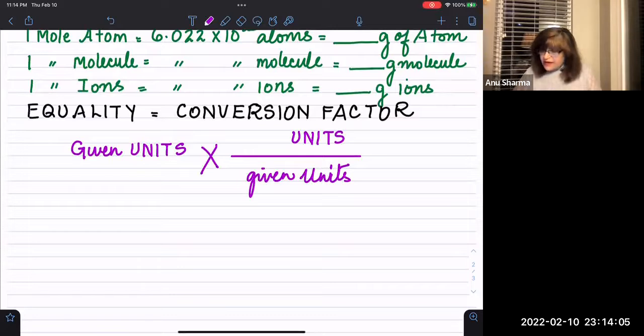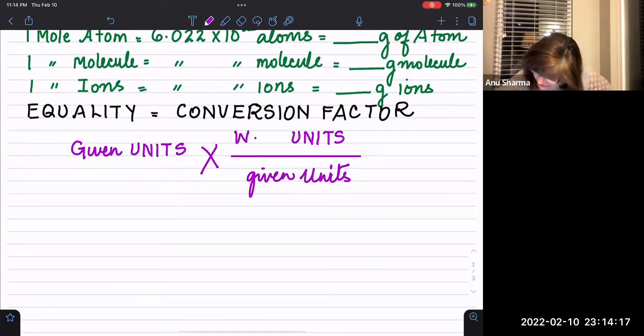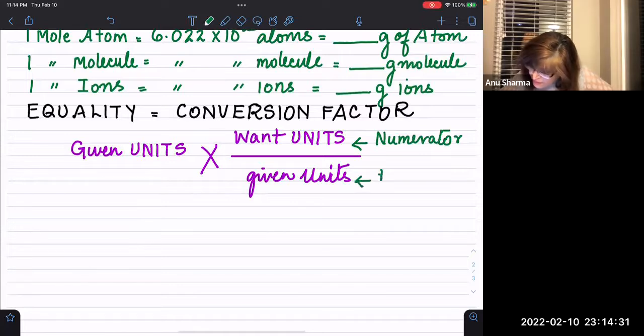So the given units are on the bottom and the wanted ones are on the top. This piece is called the numerator. Numerator is on the top, and this guy is the denominator.